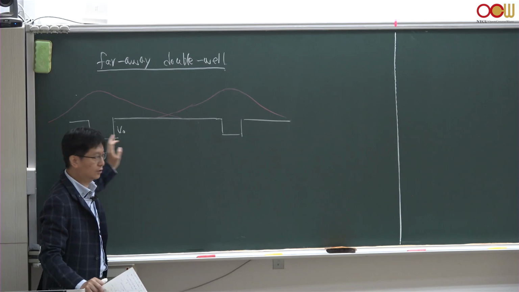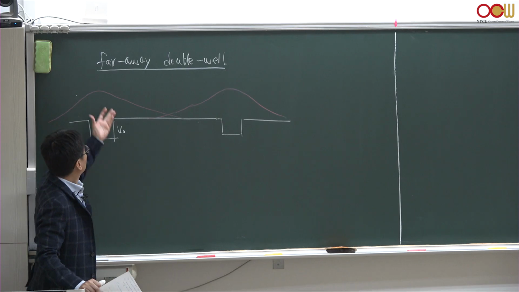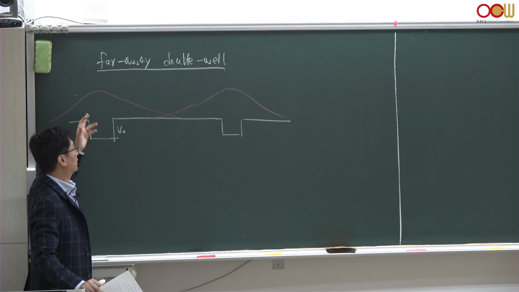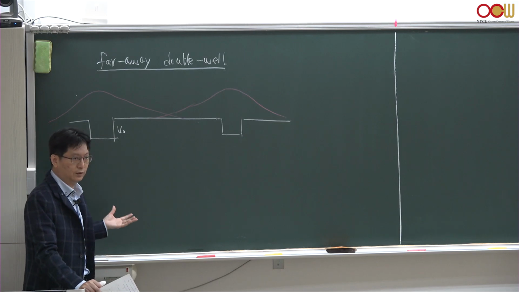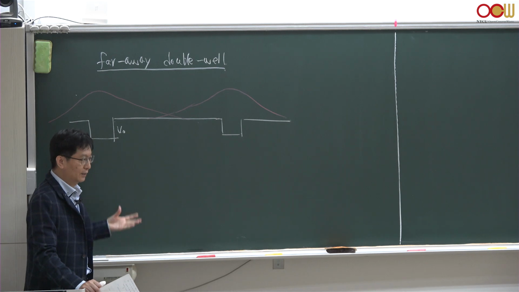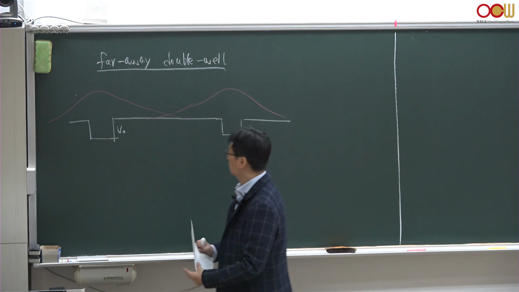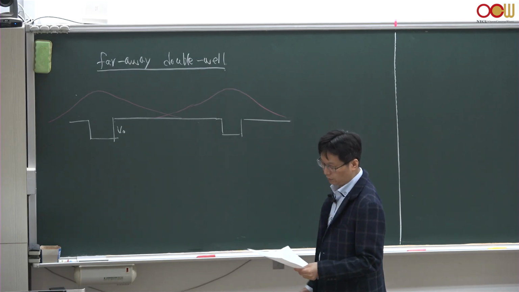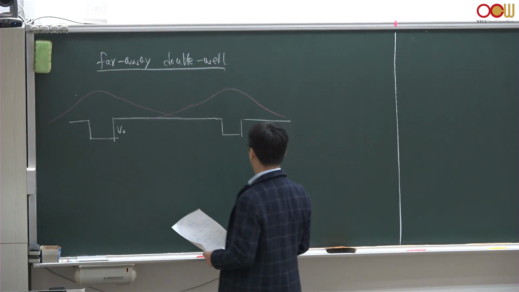Suppose that I connect these two single well potentials to form a faraway double well. We could take advantage of what we have learned in the single well problem, and construct approximately the solution, the ground state and the first excited state of a faraway double well problem.